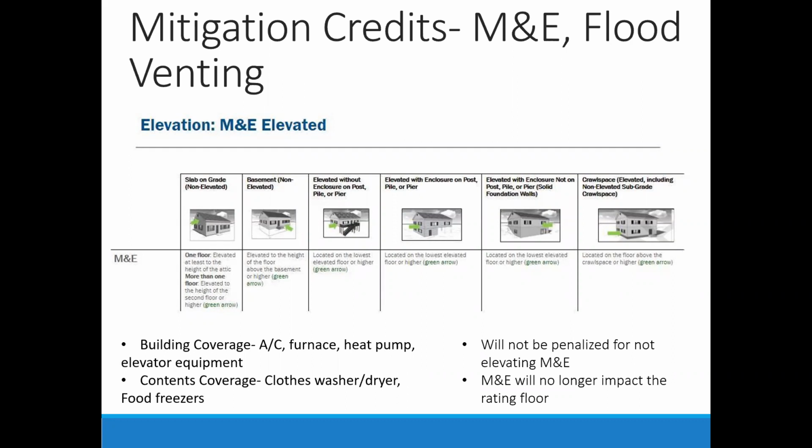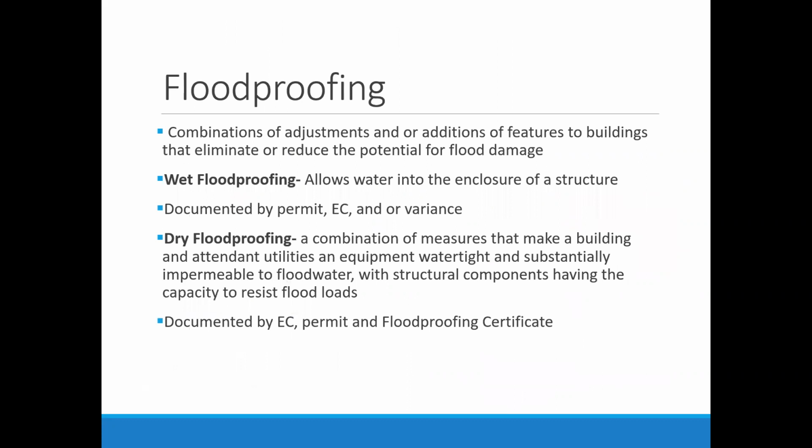That's a pretty big switch from how it was before, where it could definitely impact someone's premium. So there is a little bit of disconnect between floodplain management and insurance at this point. That might change in the future, but not just yet.